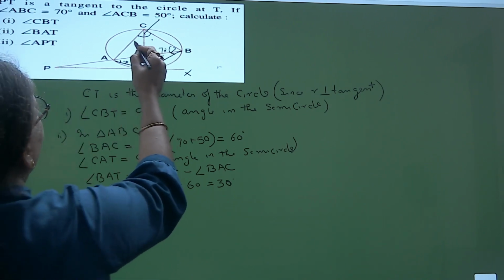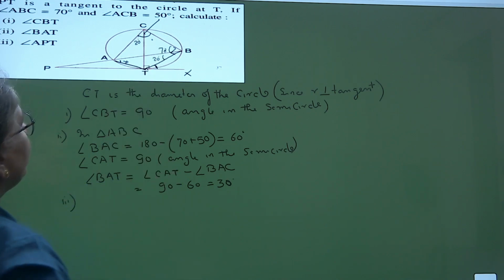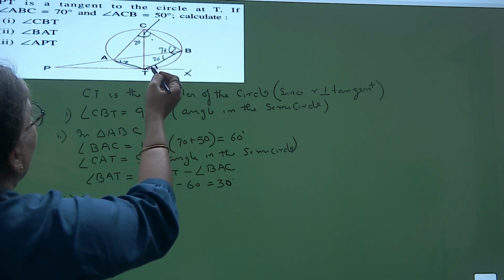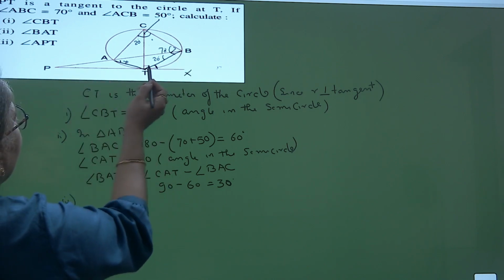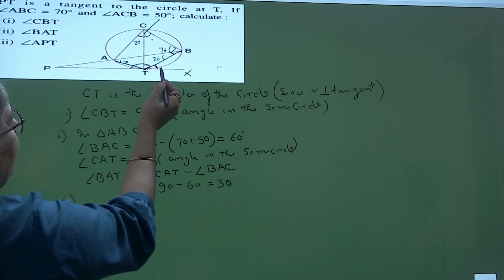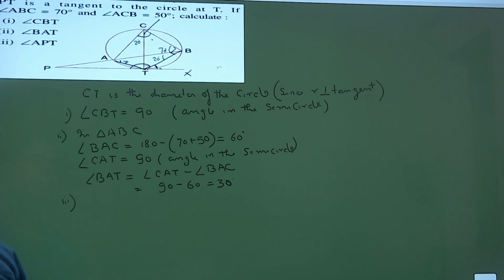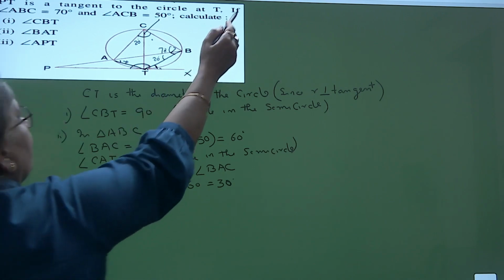So we can get this angle to be 20 degrees. Now we can find this angle BTP. This is 30, so this angle will be 180 minus 30, which is 150. And hence we can find this value. So let's write it down.